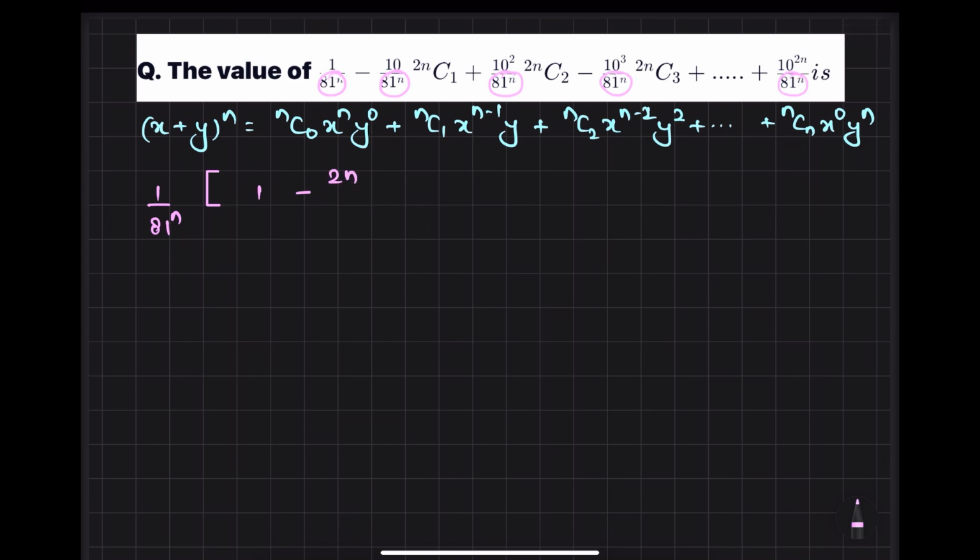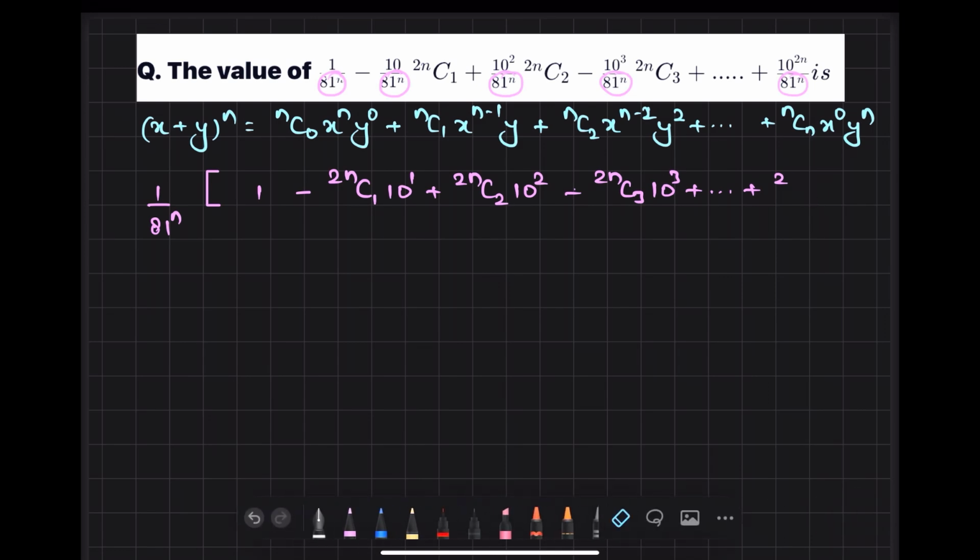So can I write 2nC1 10 power 1, then plus 2nC2 10 power 2, then 2nC3 10 power 3, dot dot dot, plus 2nC2n. Wait a moment, I will write down this thing, 2n.